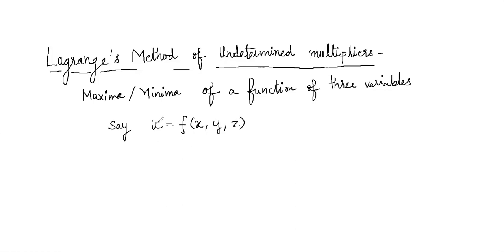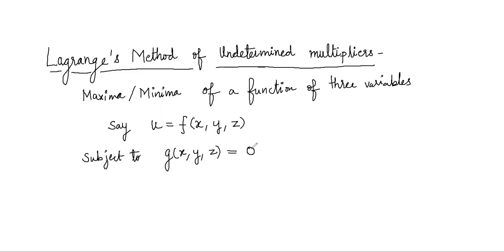This is the function which we have to maximize or minimize, and it is subjected to some conditions, some constraints. Let us take firstly only one constraint, subject to the constraint which is given by this equation.